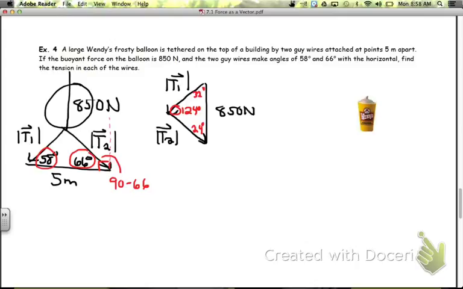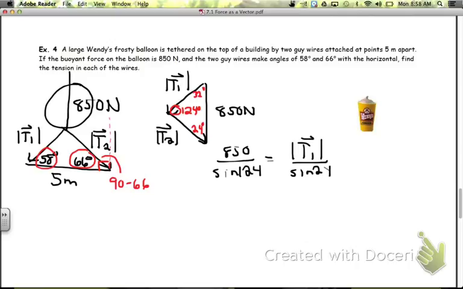So now, using that information, I can see that I can use my sine law. I'm going to take 850 over sine 124 is equal to my tension 1 over sine 24.